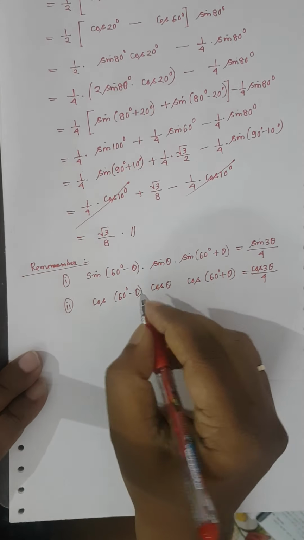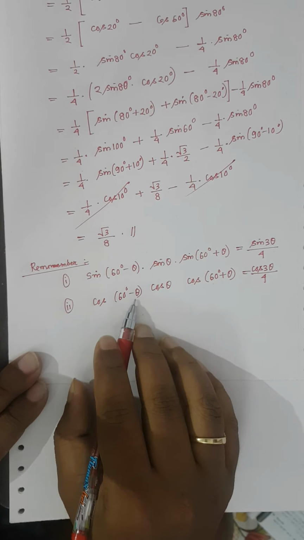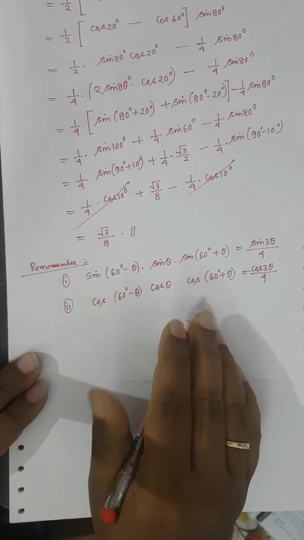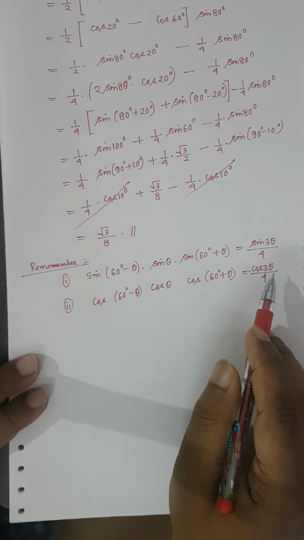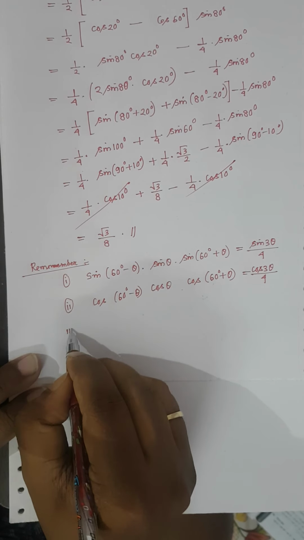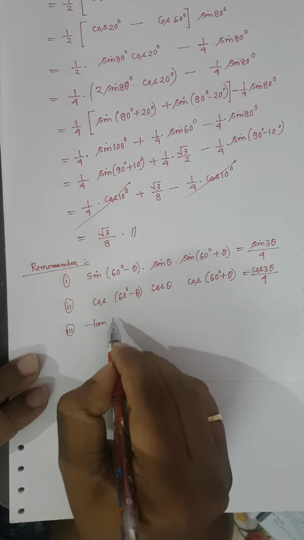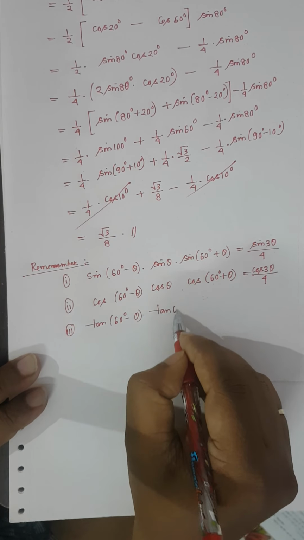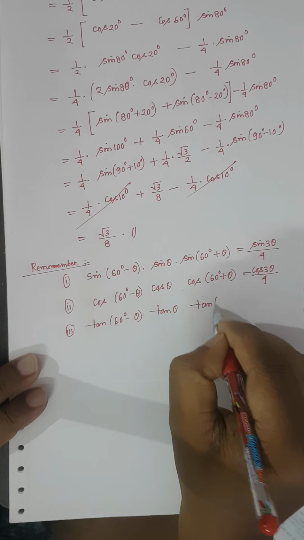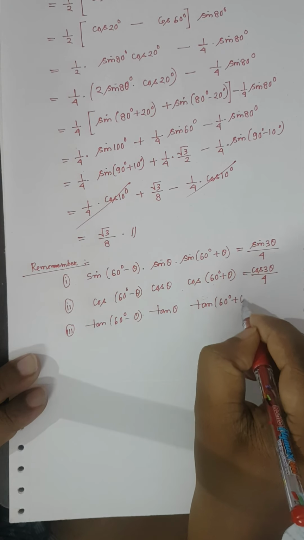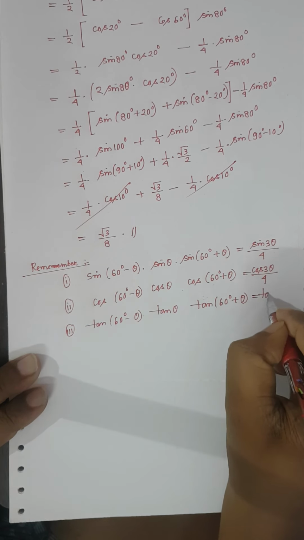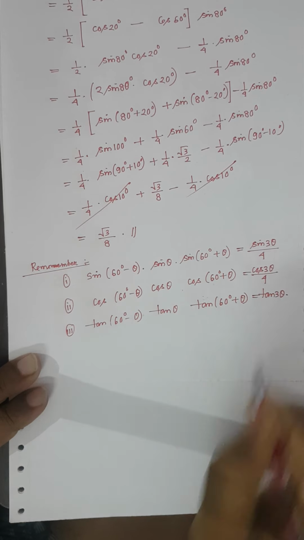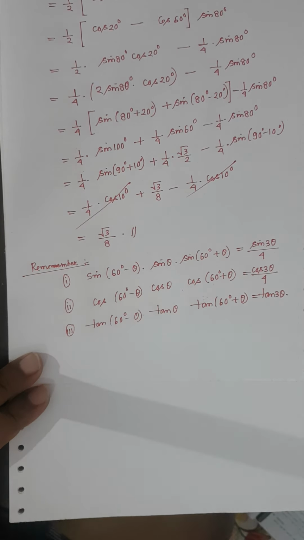And for tan, the formula is tan(60 minus theta), tan theta, into tan(60 plus theta) is equal to tan of thrice theta. It's a very well known formula.